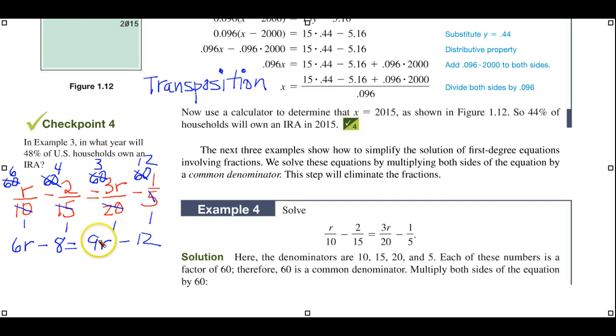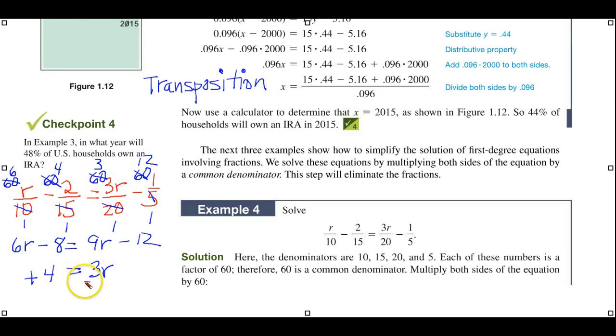So this on this side becomes a negative 6r, and we get a 3r. Now we're going to add a negative 12, this negative 12 becomes a positive 12. This gives us a positive 4.